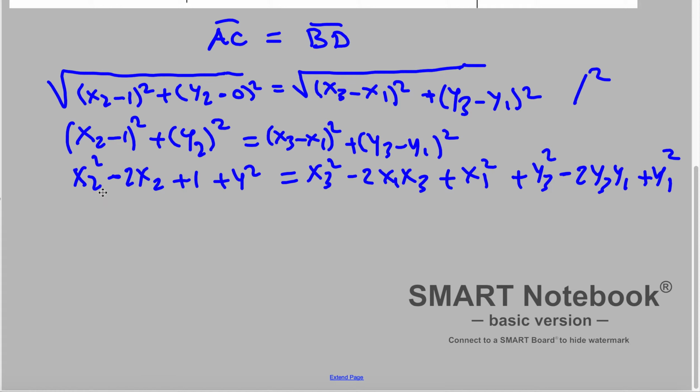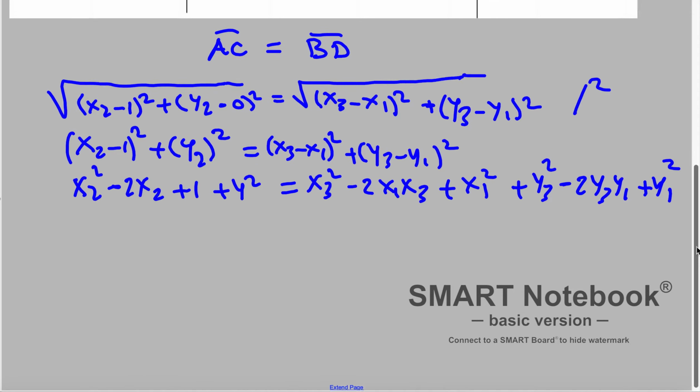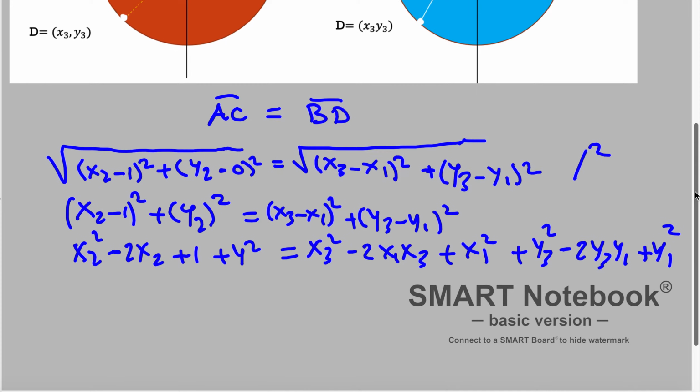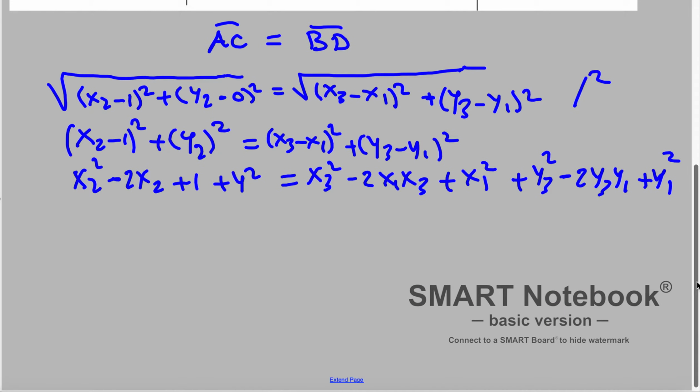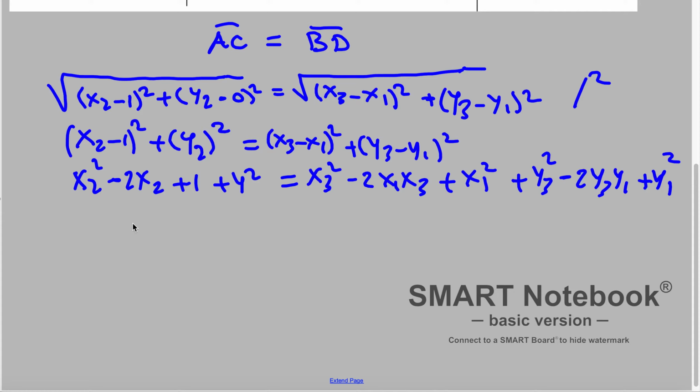But now we already know here in the circle, the x coordinate signifies cosine, and the y coordinate signifies sine of the angle, v in our case. Now if we have, for example, x2 squared plus y2 squared, this is going to be cosine squared plus sine squared, because it is with the same index, and is going to be equal to 1.